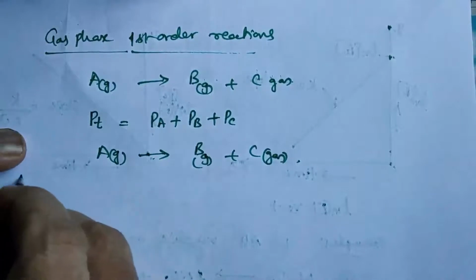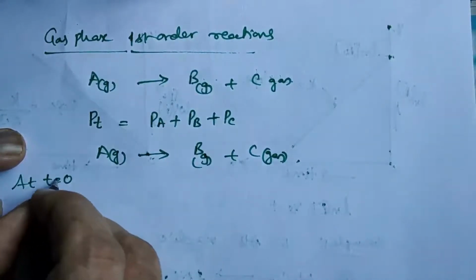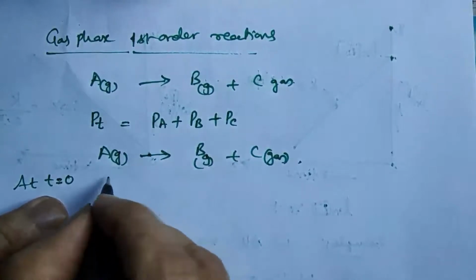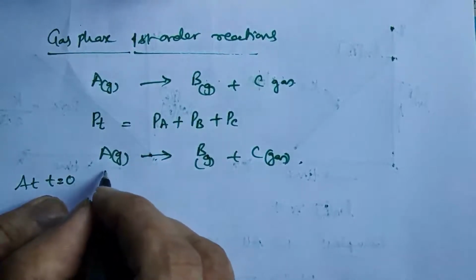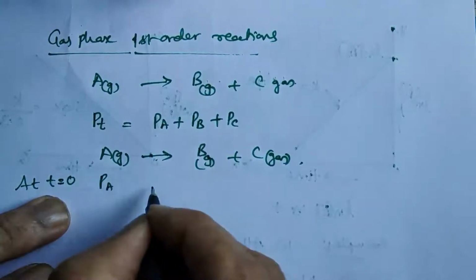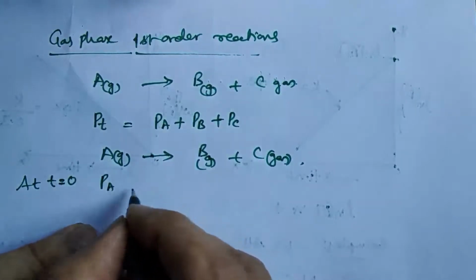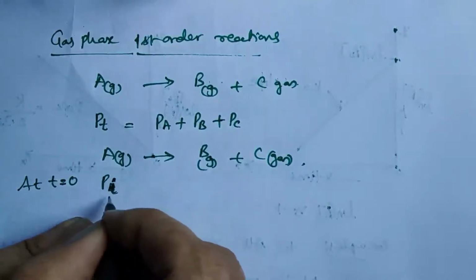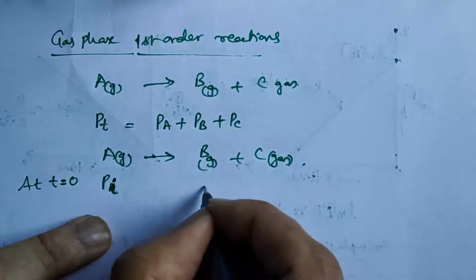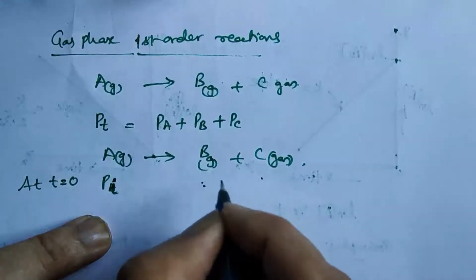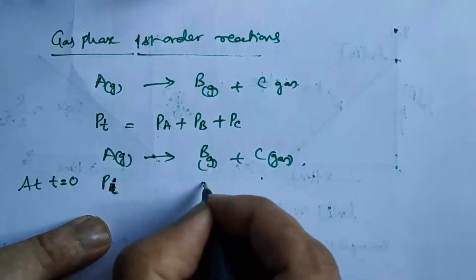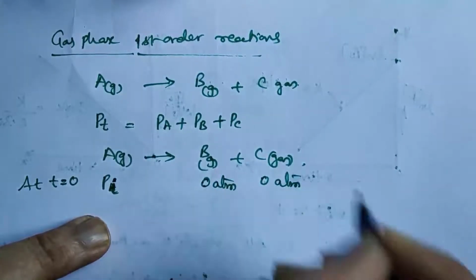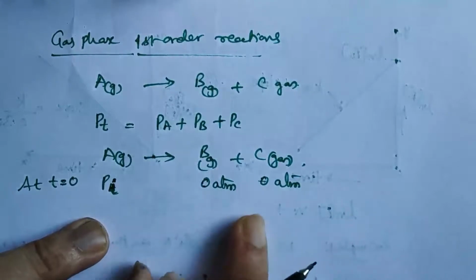At time t equal to 0, that means the reaction has not yet started, the pressure of A is equal to PI, the initial pressure. Whereas B and C are not yet formed at the initial stage, so their pressure is 0 atmospheres respectively.